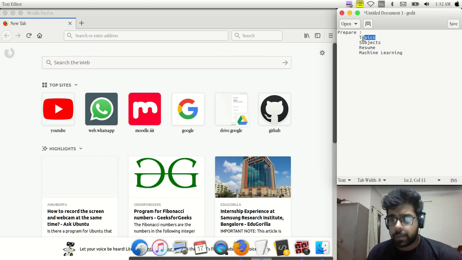Let's start with the topics. Basically, there are many interview panels. Depending on the interview panel, there will be different topics and coverage of various topics. But what you will be asked will depend on what you present in the interview. Let us say that while introducing yourself, you mention a set of subjects.